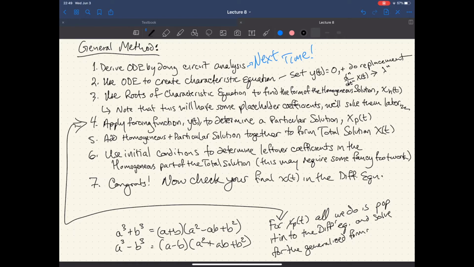So, like I said, for example, we're going to say xp of t is equal to b e to the minus 2t. All you're going to do is pop that into the equation and solve for b. And then you just write out, say you find that b is equal to 4. Then you're going to end up with 4e to the minus 2t is equal to your particular solution.